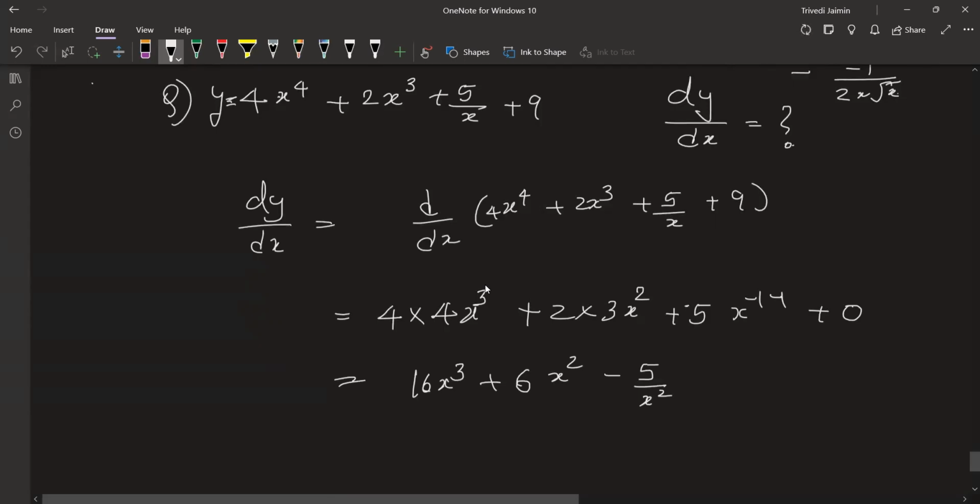Minus means it will be going to the denominator. Everyone got it right? Rahman? Yes, sir. Got it.